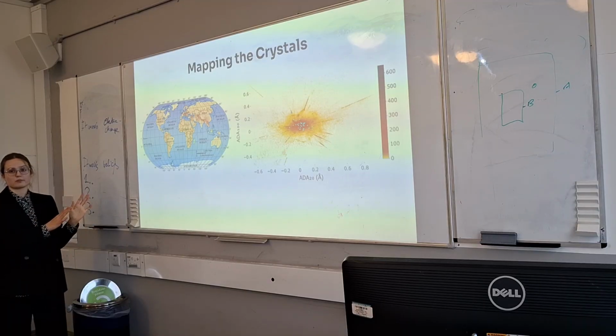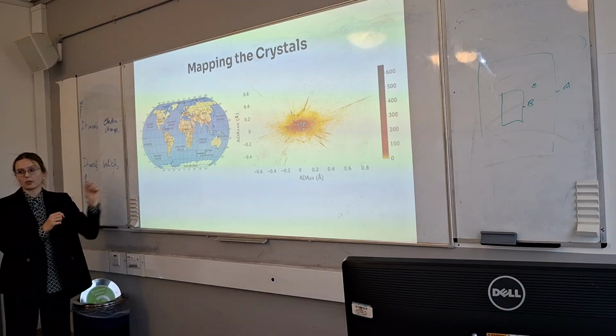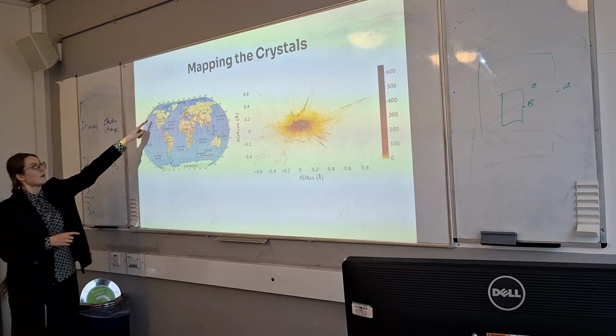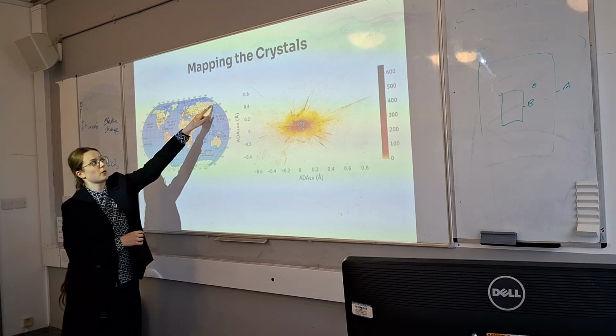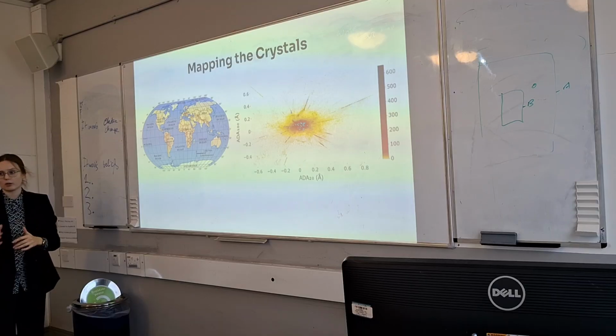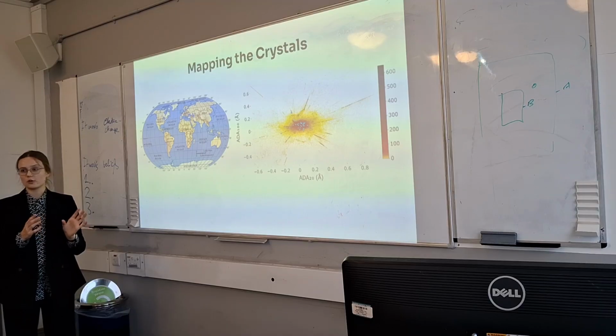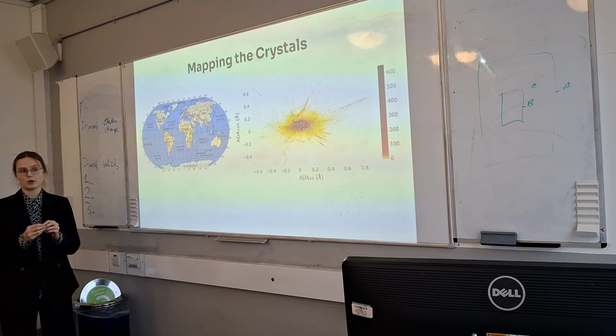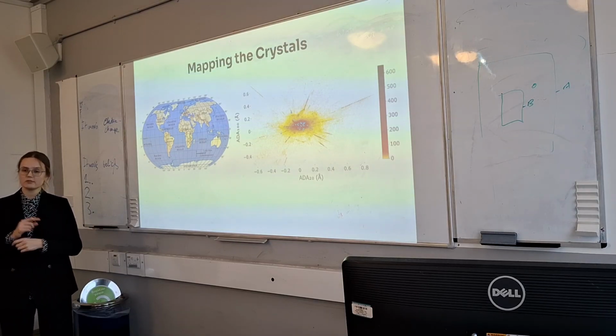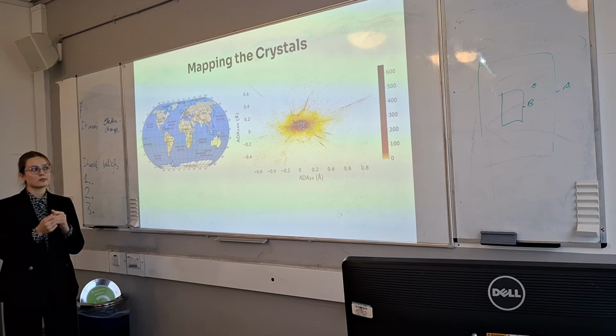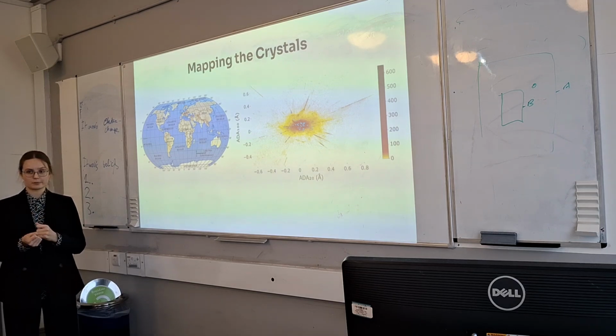But this is a projection, so we don't actually know how close the points are on the map. So here, this point's actually really close to this point, but we can't tell that alone from our projection. Same here. From our invariants, we're not going to be able to tell how close they are. If you remember the definition, we're only going to be able to tell if they're the same or if they're different.